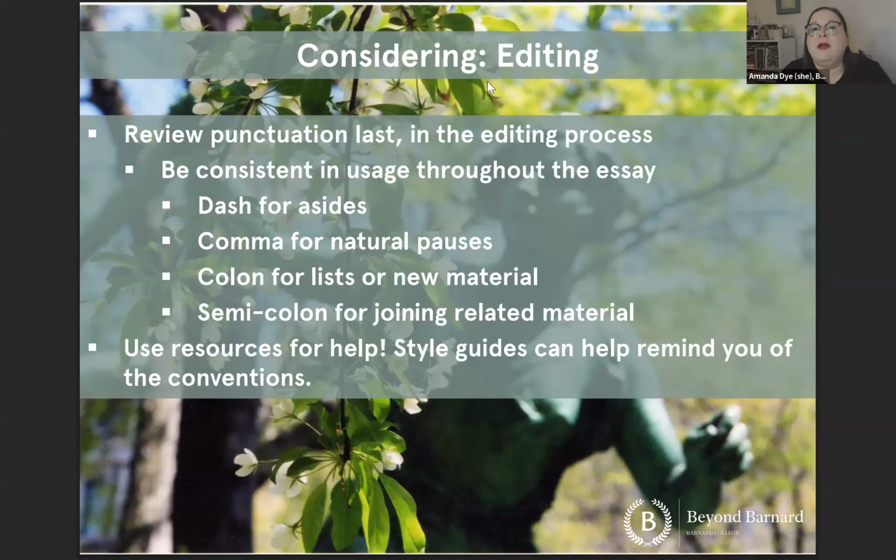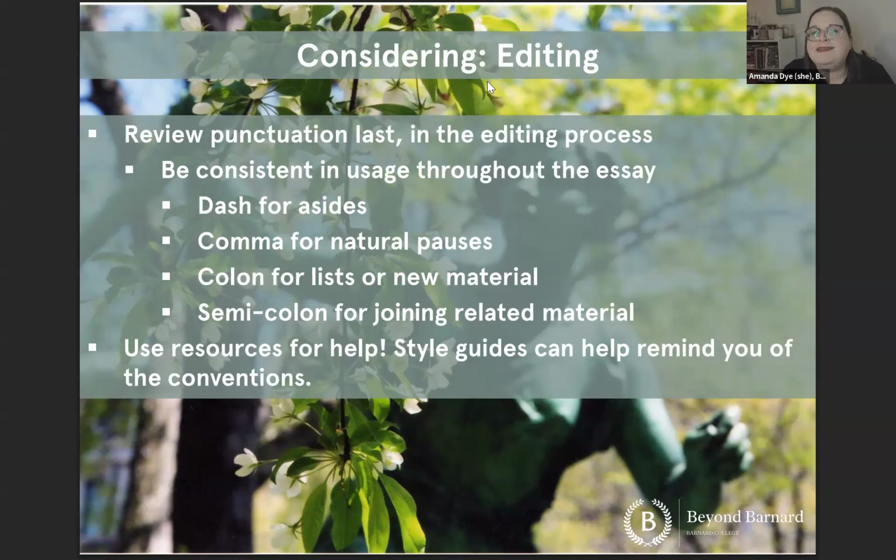And when you do that process, usually you're coming to the editing round of the process. I encourage you also to review punctuation. People can be super picky about that. I don't include that in grammar for reasons that have to do with my academic perspective. But punctuation is something you should review last, when you're finishing up the essay, because it may change depending on how you're actually writing.